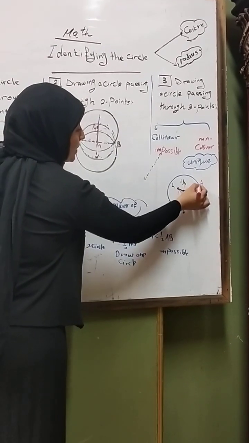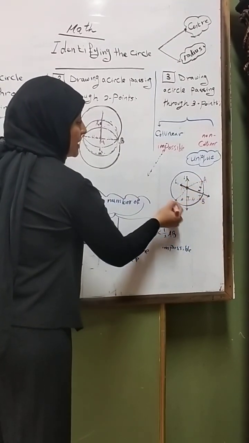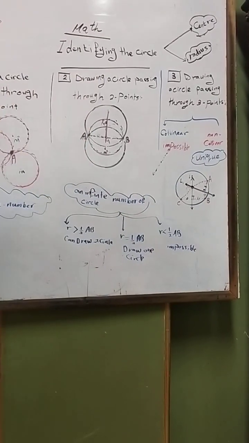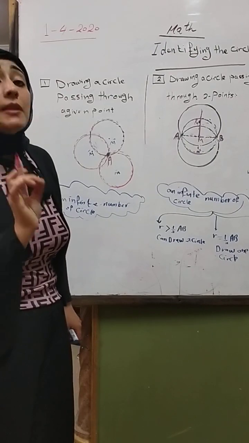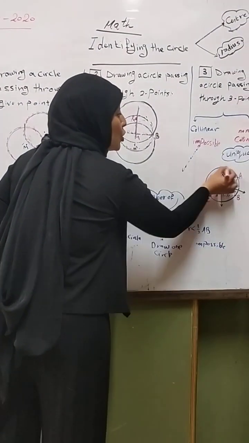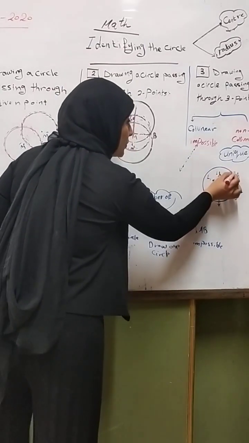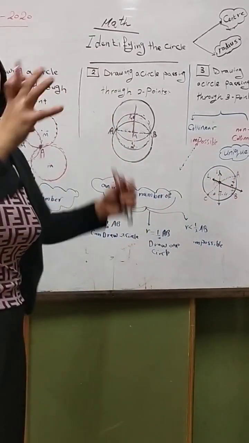Here we have 3 points A, B, C, and these 3 points are non-collinear. Non-collinear means they are not on the same straight line. So here we can draw a unique circle passing through all these 3 points together.